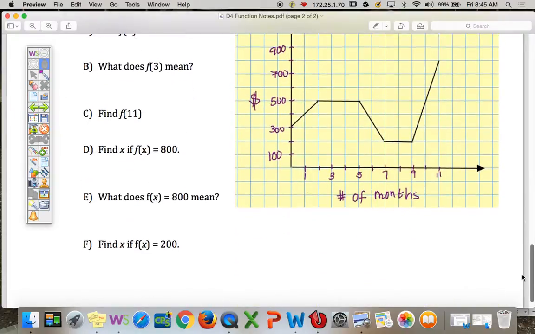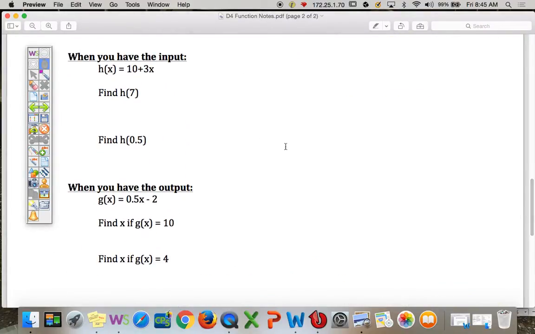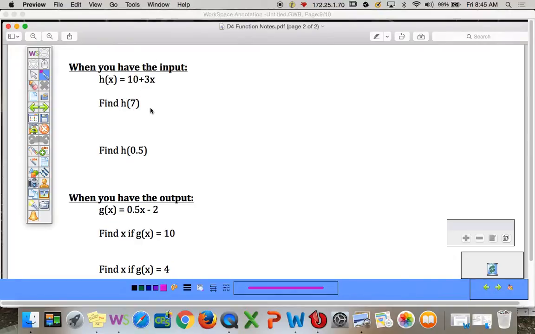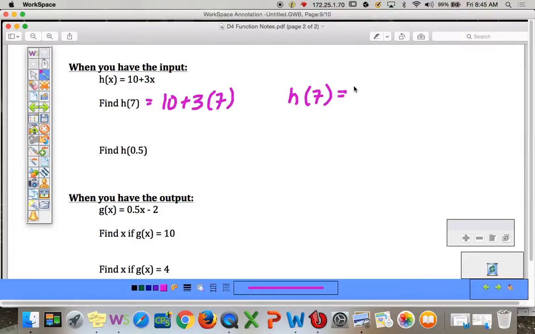Review in a graph. When you have the input, how do you find the output? So here's our function, find h of 7. It means plug in a 7 for x, so we have 10 plus 3 times 7. So we say h of 7 equals 10 plus 21. So we say h of 7 equals 31.